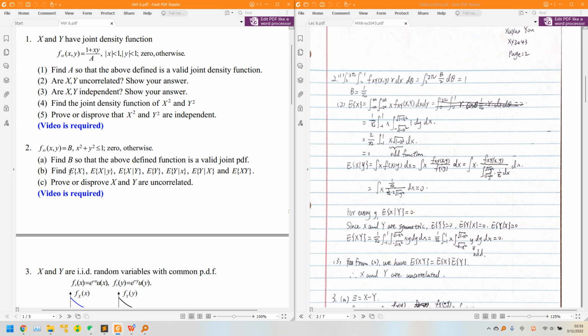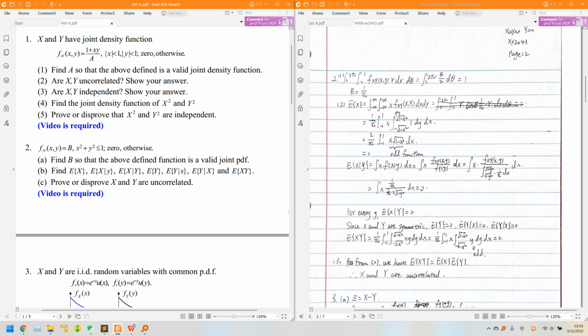Problem B asks us to calculate the expectations of x, x given y, and so on. There are so many expectations. First, for the expectation of x, we need to do the integral over x times f(x,y).